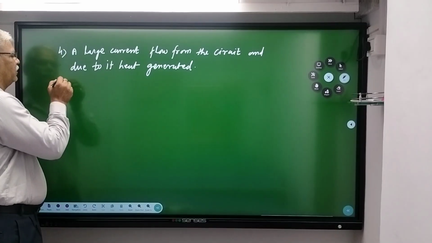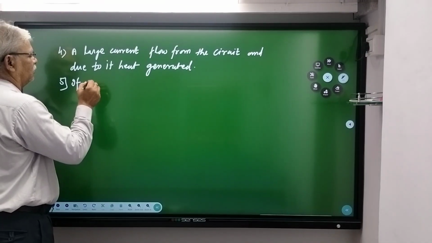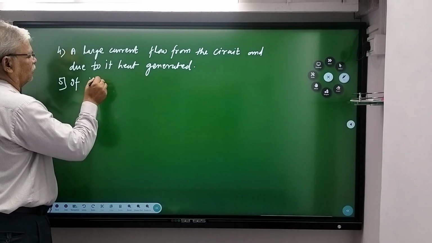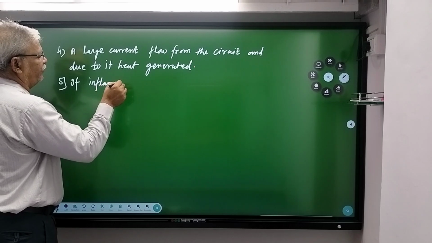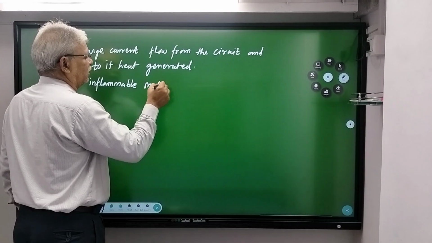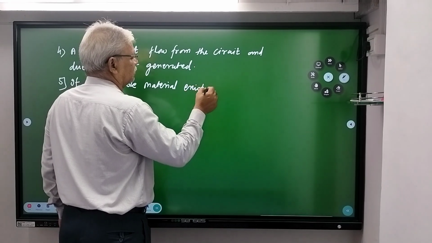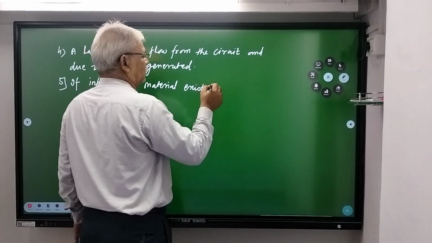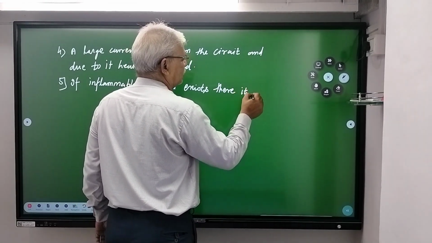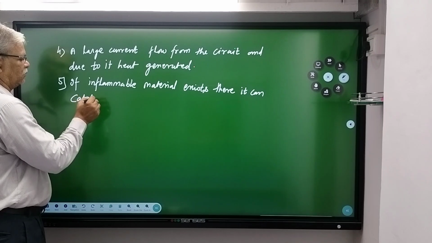Now the fifth point, if inflammable materials exist there, it can catch fire.